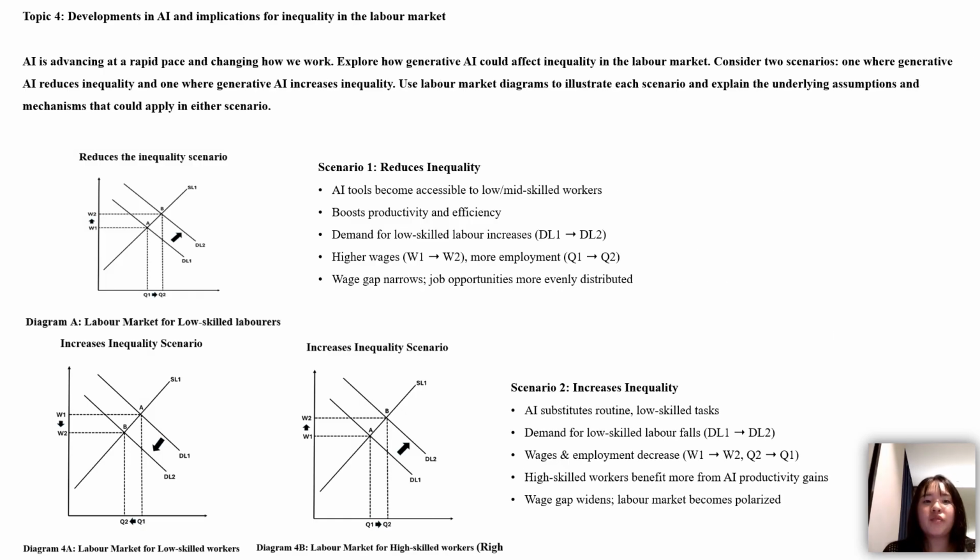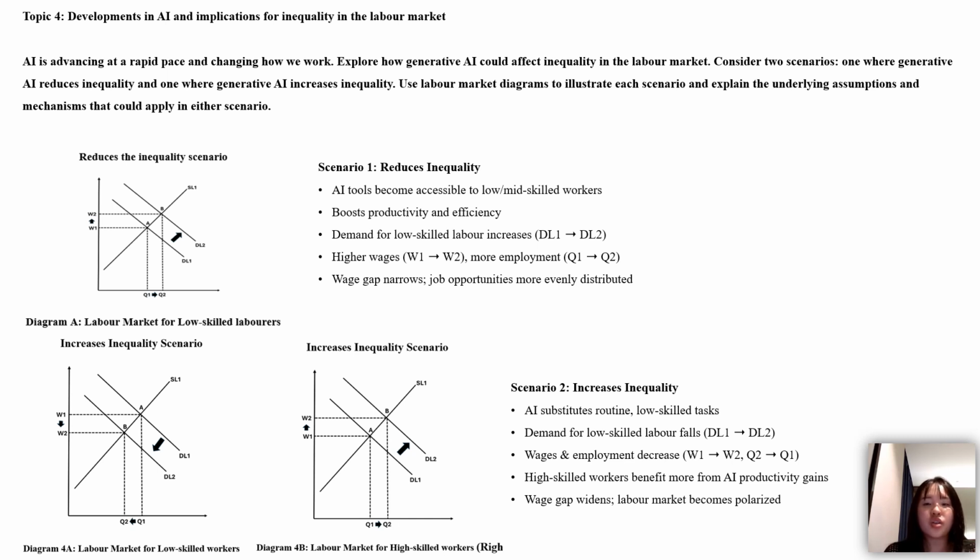Okay, for topic 4, the first scenario reduces inequality. AI tools become widely accessible and easy to use. This allows low and mid-skill workers to improve their efficiency and productivity. As a result, demand for this group of workers rises, shown in the diagram by a rightward shift from DR1 to DR2.